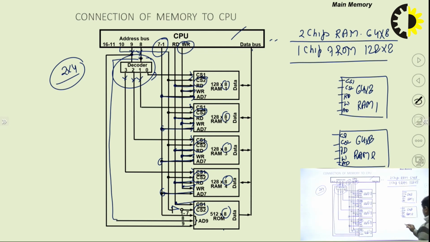Okay. Now the one chip of the ROM, what is the size? 128 cross 8. This is the ROM chip. And what is the function of the ROM chip?